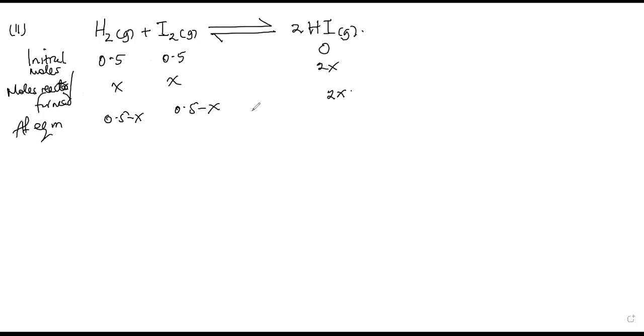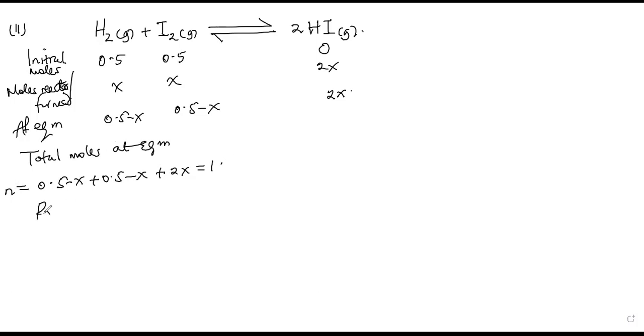Now, when we are to talk about pressures, we need to look for the total number of moles. So total moles at equilibrium, let me call it n, will be 0.5 minus x plus 0.5 minus x plus 2x. We shall get total moles as 1.